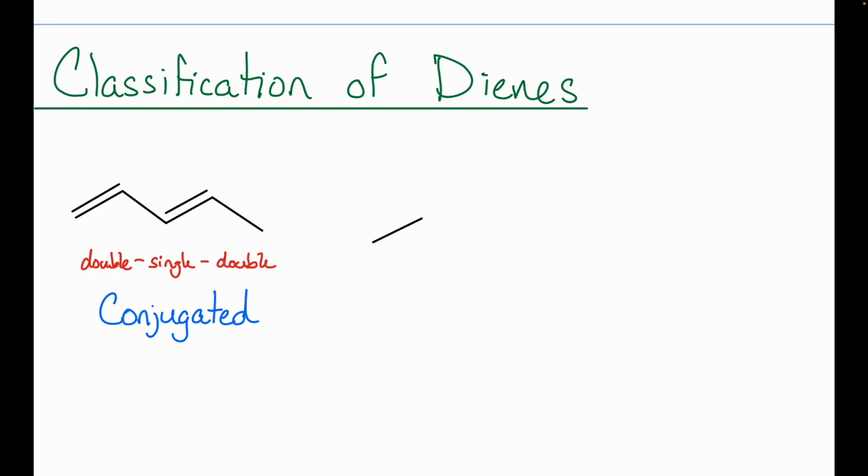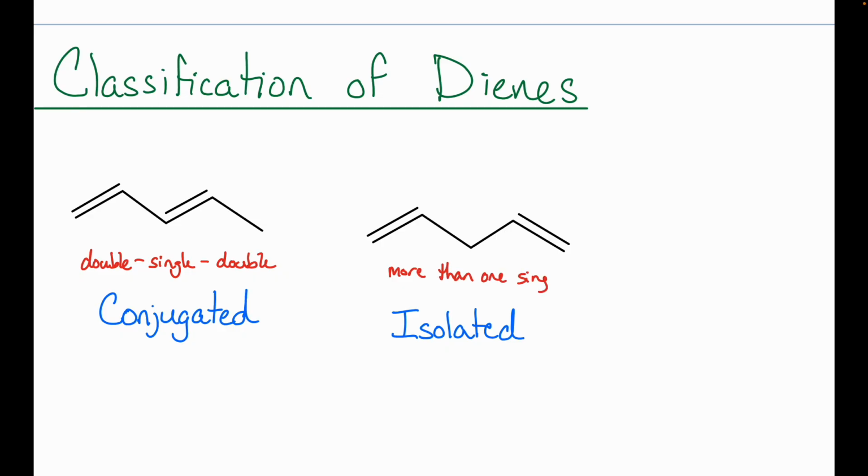All right, if there's any more than just one, so in this example here, we're going to put these on opposite ends of the molecule. This is no longer a conjugated diene, but an isolated diene. All right, again, we have more than one single bond between those two double bonds.